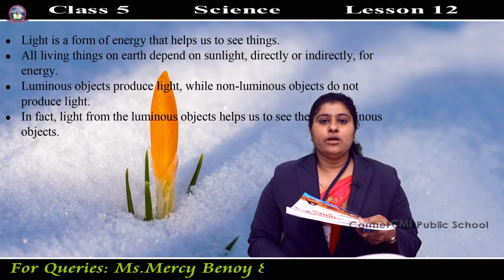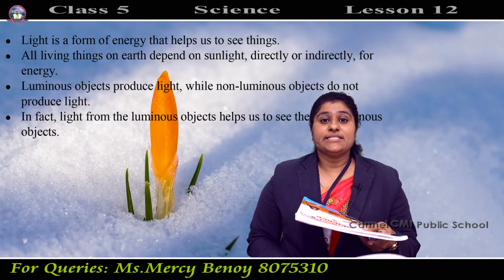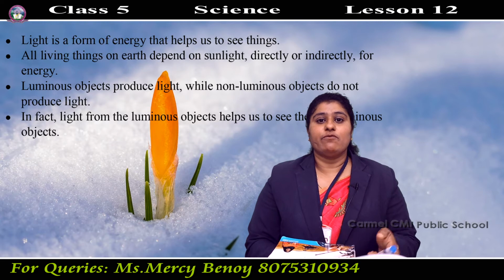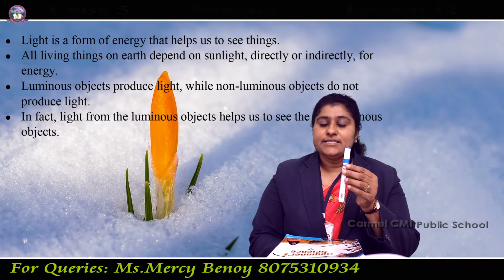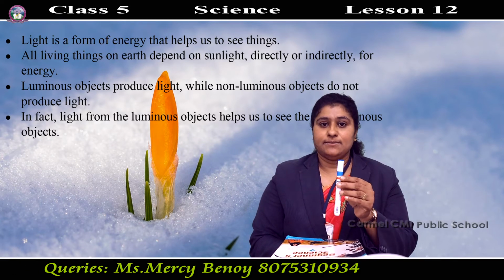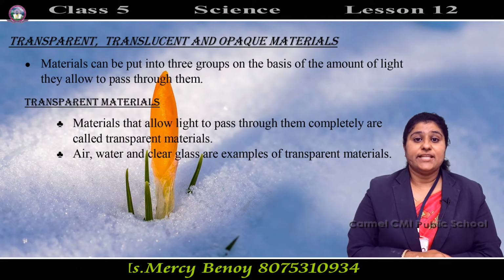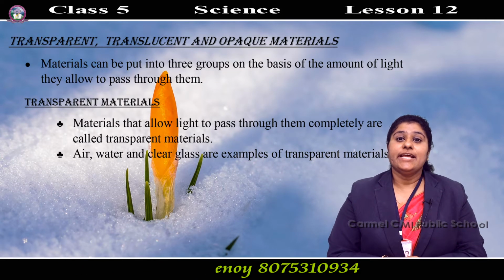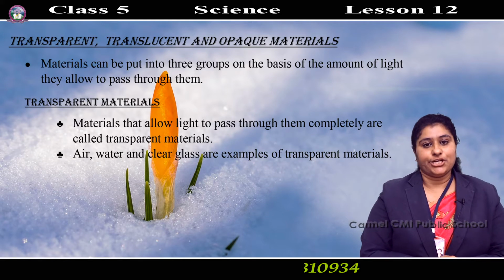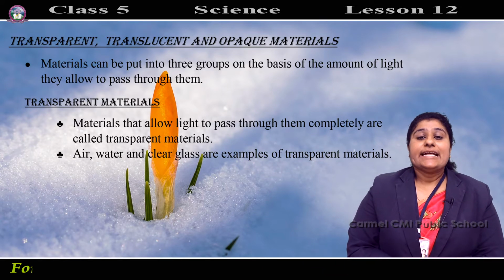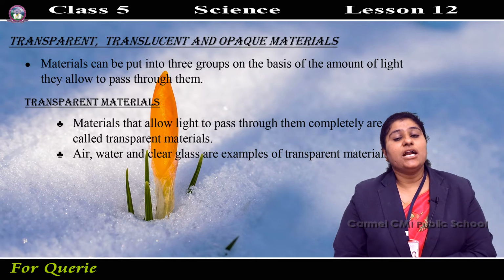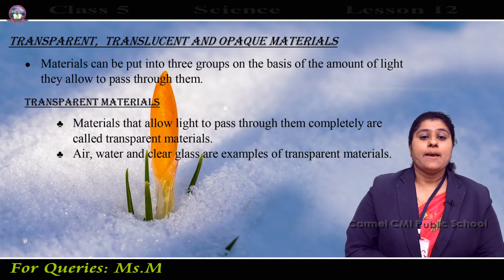What about the textbook? It is not luminous, it is a non-luminous object. What about the pen? It is a non-luminous object. Luminous objects produce light. Not only light, they produce heat also. Okay, heat energy also.